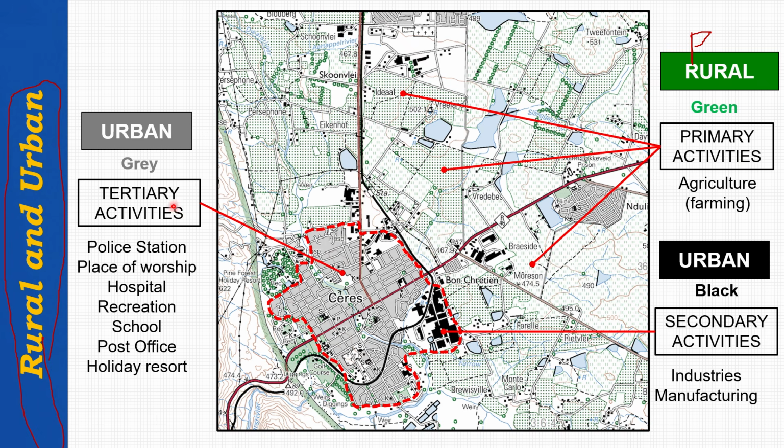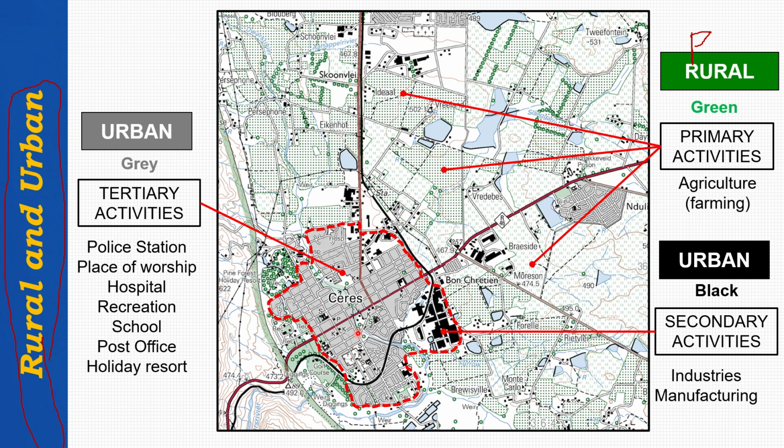Urban areas also have tertiary activities. Our tertiary activities are going to be gray on the map, right? Tertiary activities refer to services, right? Our secondary is all about manufacturing. You can see here there's industries, there's factories all over there. And then our tertiary activities are all about service provision. Like we have police station, you can see there, there's a PS, right?